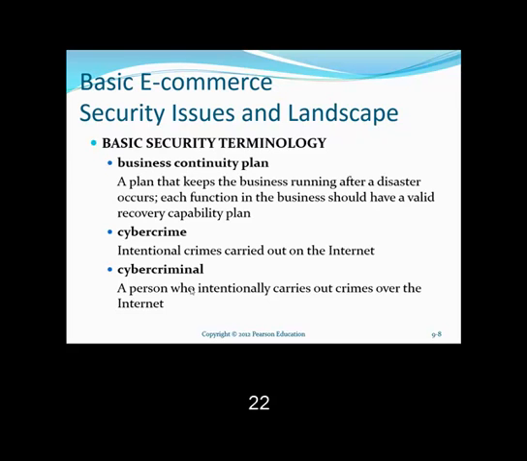So these are some basic security terminology. Business continuity plan: this is a plan that keeps the business running after a disaster occurs. Each function in the business should have a valid recovery capability plan.